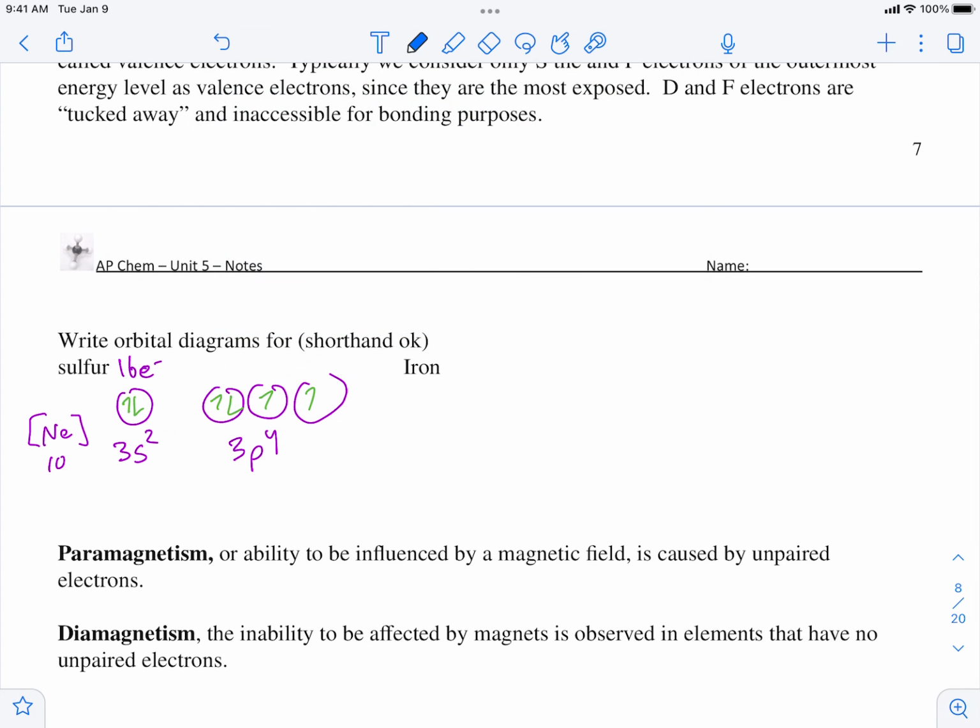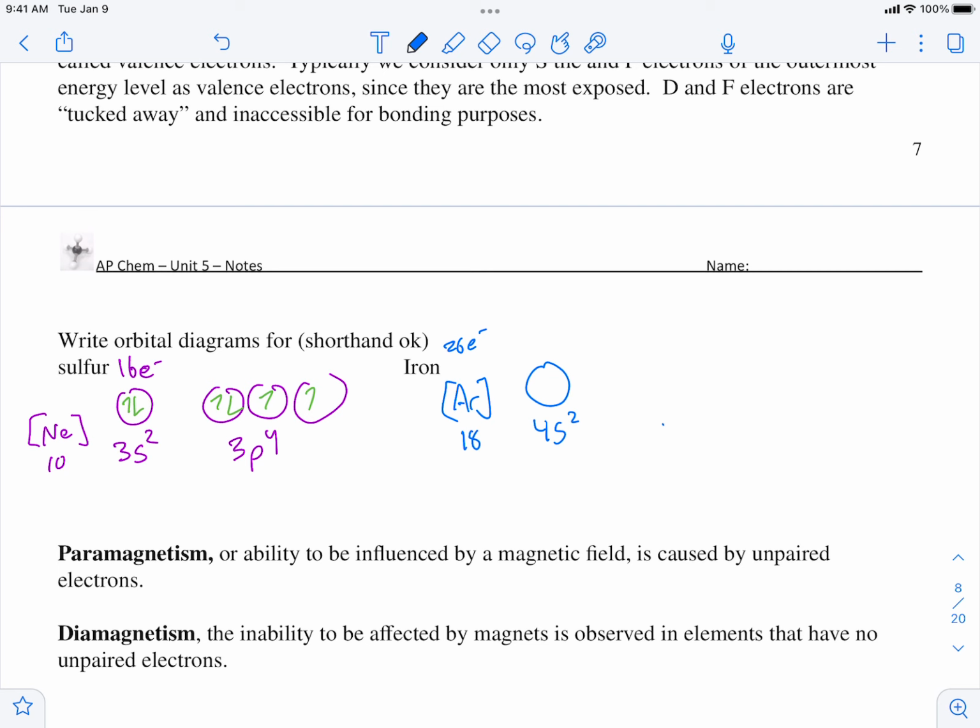Let's draw the orbital diagram for iron. So iron is 26 electrons. We're going to start with argon. Argon represents 18 electrons. Since argon is 3p, we begin with 4s.